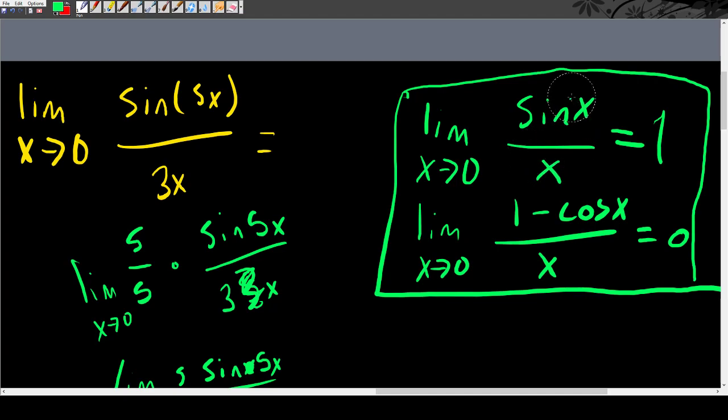So if this is sine of 3x, this has to be 3x. If this is sine of 10x, this has to be 10x. It's whatever is inside the sine divided by what is inside the sine. Same thing with the cosine function.